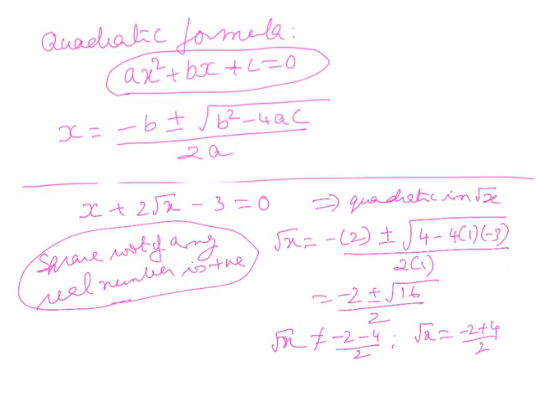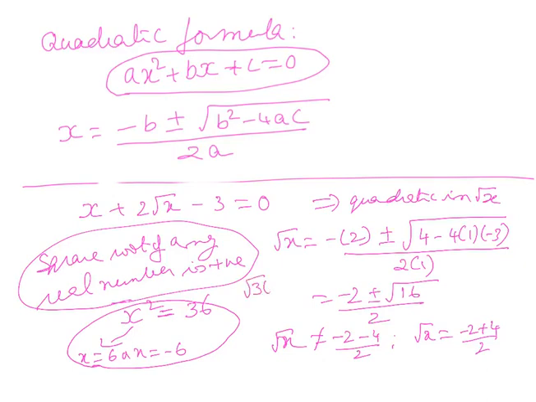I want to clarify one more thing here. When x squared is equal to, say, 36, x can take two values: x is equal to 6 or x is equal to negative 6. Remember that. But the square root of 36 can take only one value, that is 6.